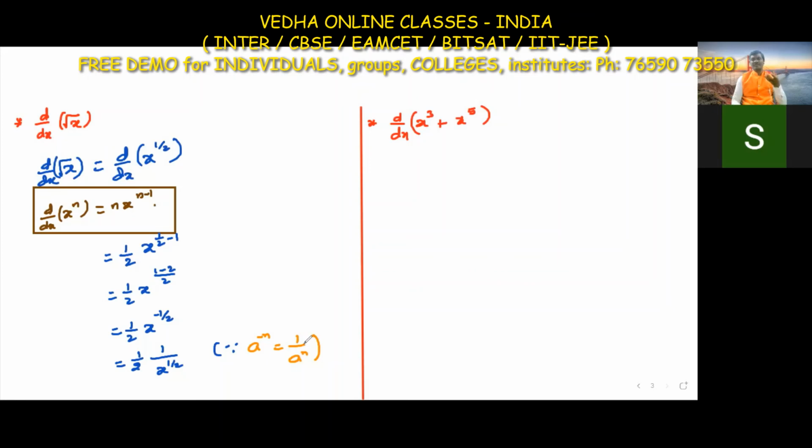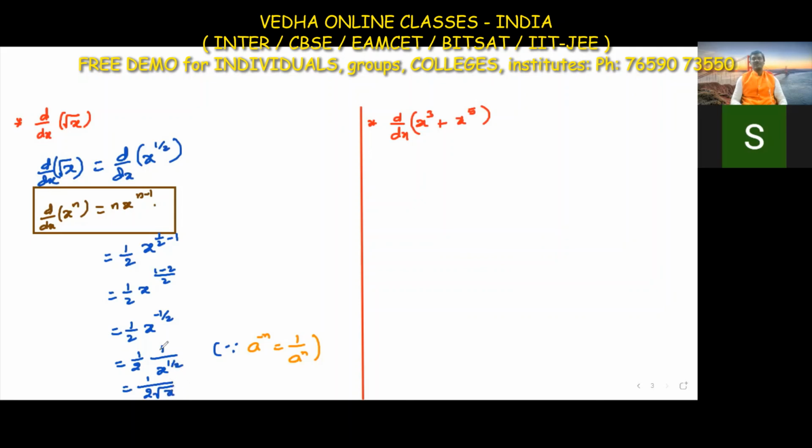So the minus sign becomes plus, or plus becomes minus. Here the final answer is 1 divided by 2 into root x.